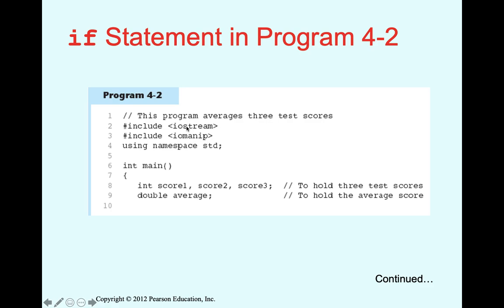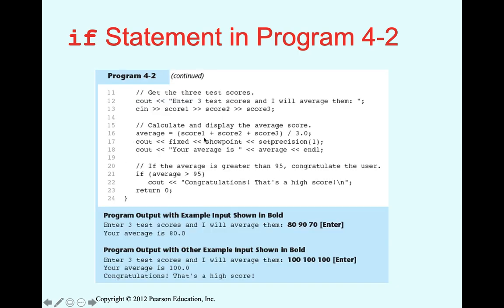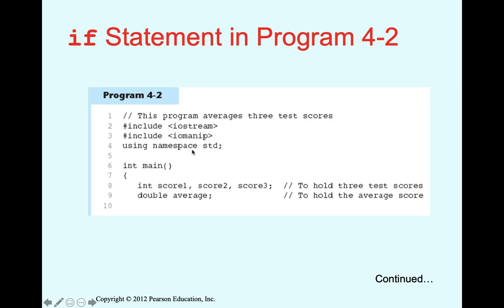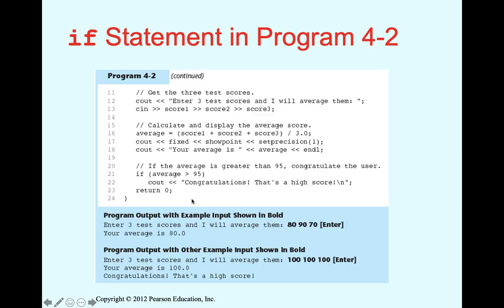Let's take an example. This program computes the average of 3 numbers. We include iostream because we want to print. We include iomanip because we want to use functions like fixed, showpoint, setprecision, and we use namespace std. We define 3 integer variables and a double average.